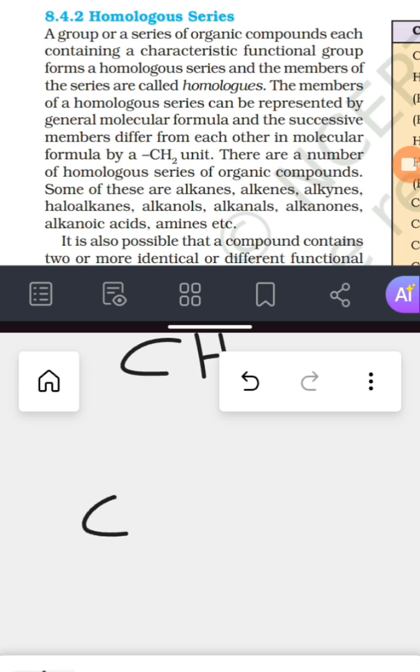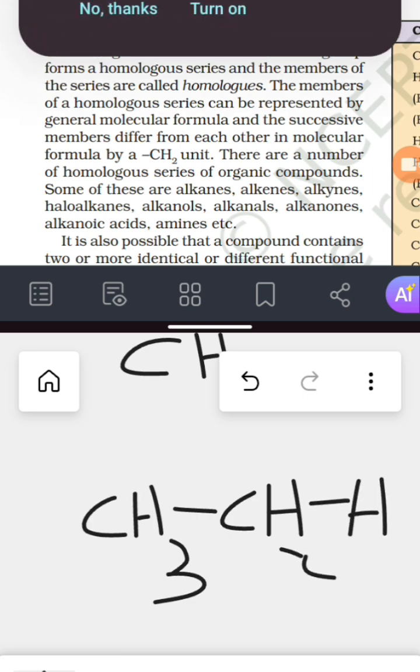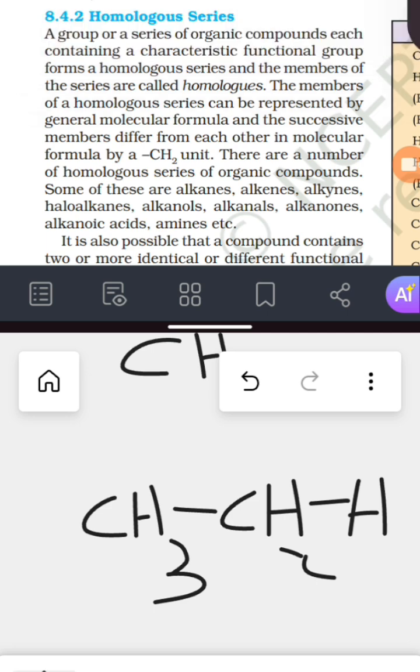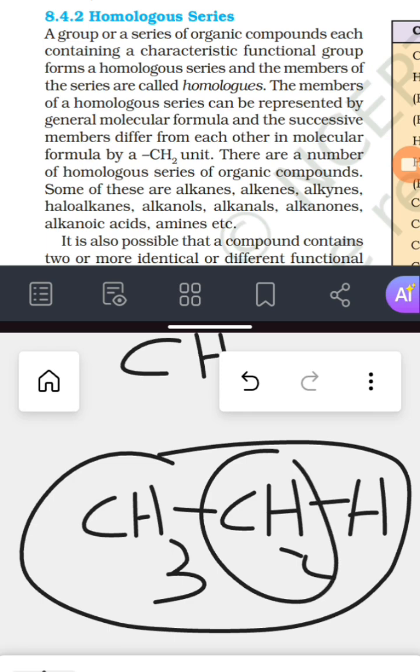Here already CH3, and I am incorporating CH2 in between them, and again hydrogen I am keeping. Now this compound is a new compound, ethane. So from methane, if I incorporate this CH2 group, it becomes ethane.